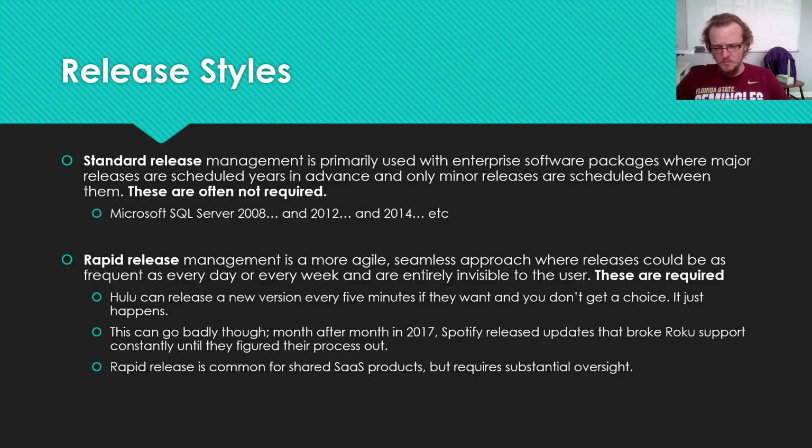So rapid release itself is most commonly used for software as a service products, something like Roku or Netflix or Hulu. Something like Office 365, you can get periodic updates and largely be unaware that it's actually happening.